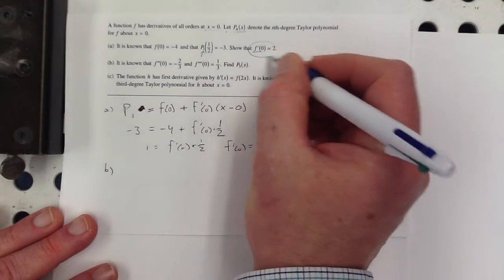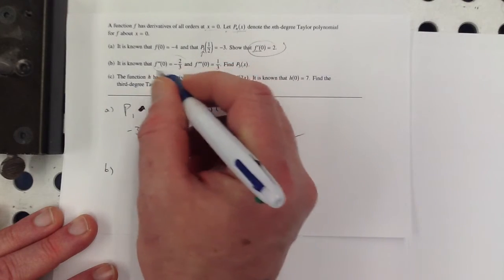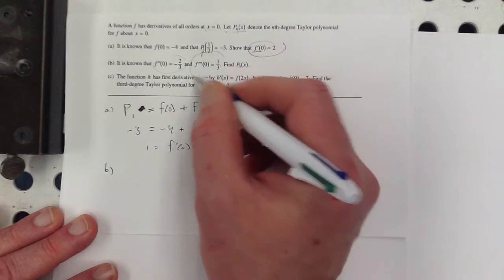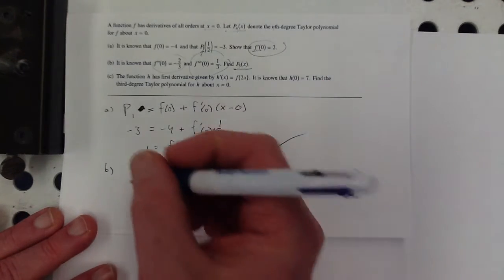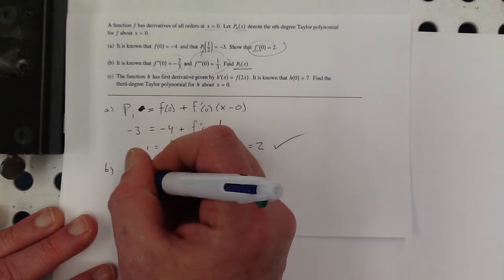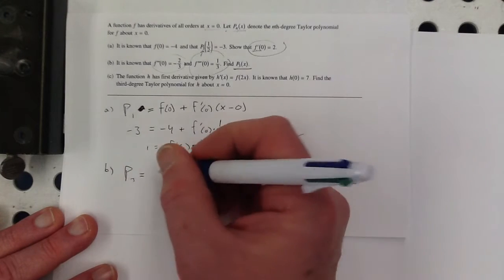And now we know the first derivative and the second derivative and the third derivative, so we can write the third degree polynomial. So the third degree, P3, I'm going to write out the general form of it first.